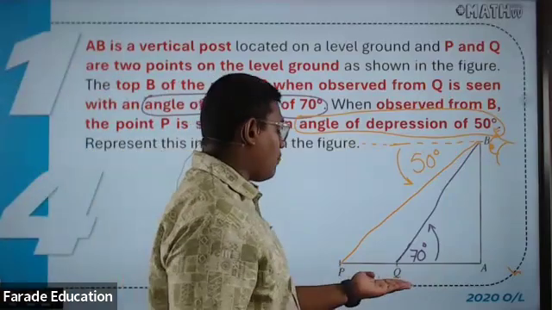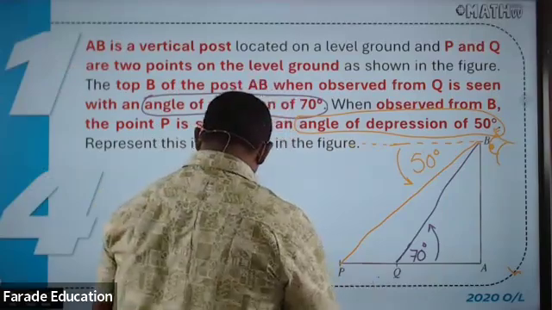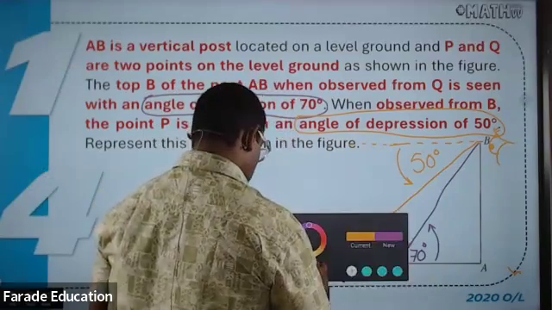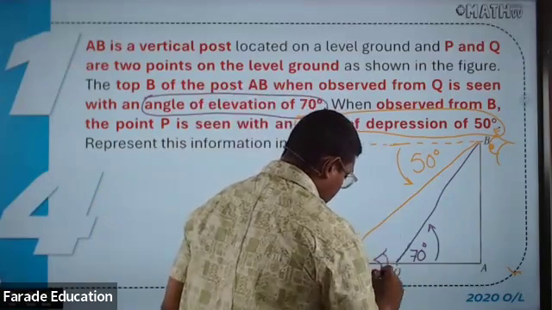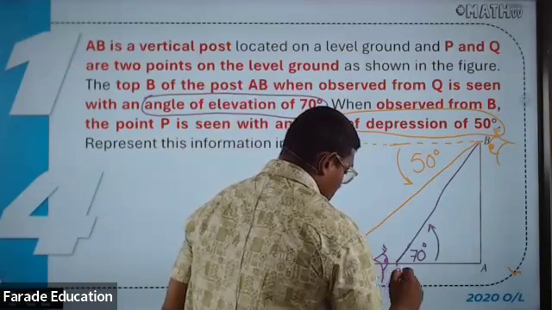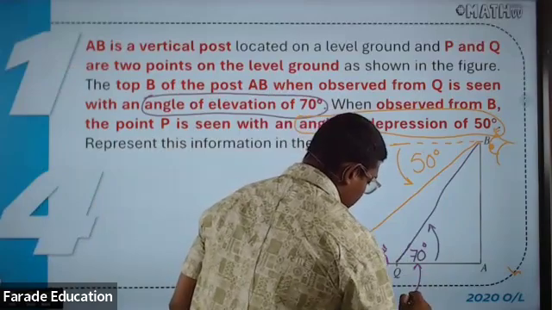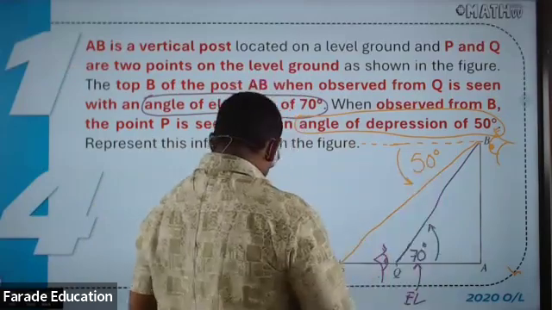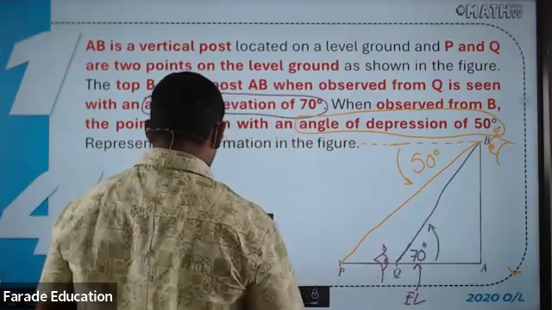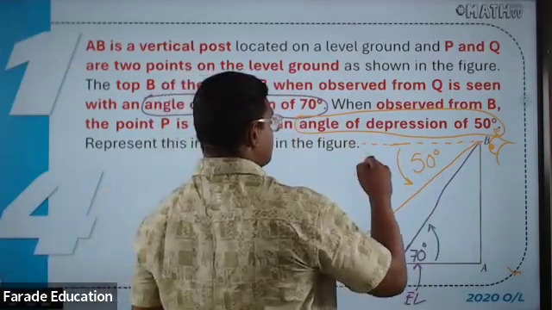When you are looking from Q, your eye was here. So this is your eye level. But when you go to the top, when you are at B, your eye level is this.